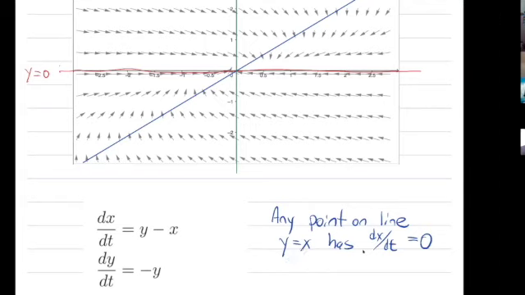So that's why these vectors are going to be vertical vectors, either up or down. And here we can see, if I drew it perfectly through those points, these are all points where things are going straight up, and on this side, they're coming straight down.